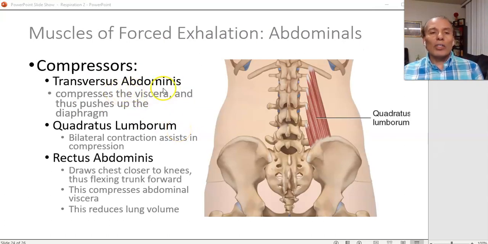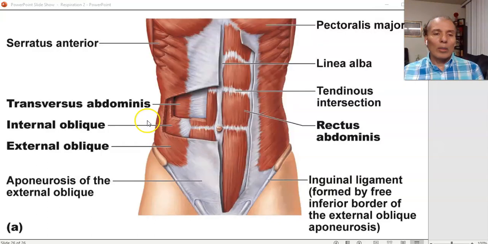The transversus abdominis here is an inner kind of muscle of the abdomen, inner sheath. And you can see the internal oblique is covering it, external to it. And then the external oblique is the outermost layer. So 3 different layers of muscles.